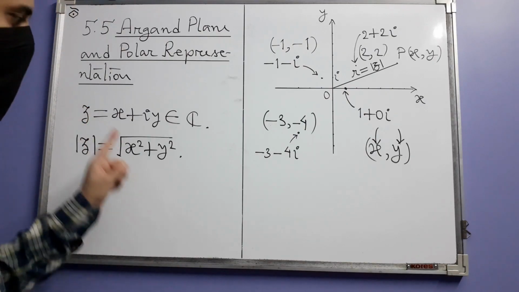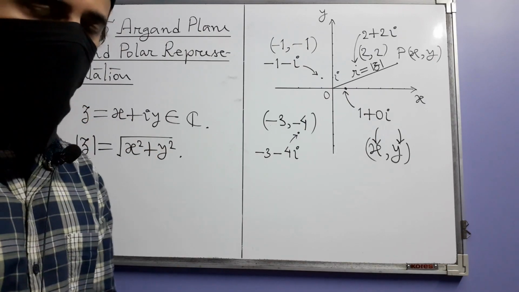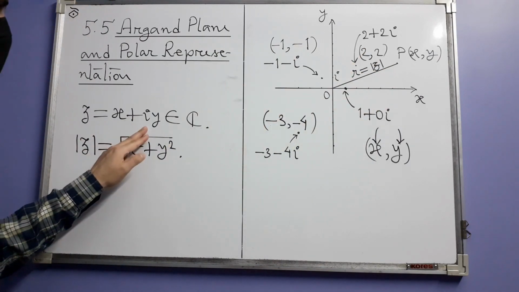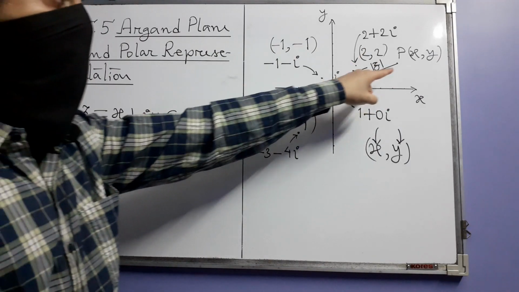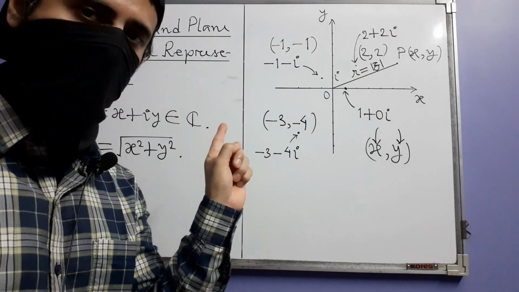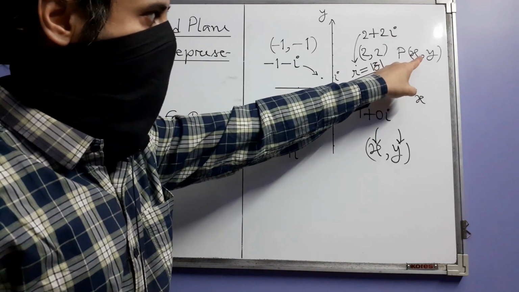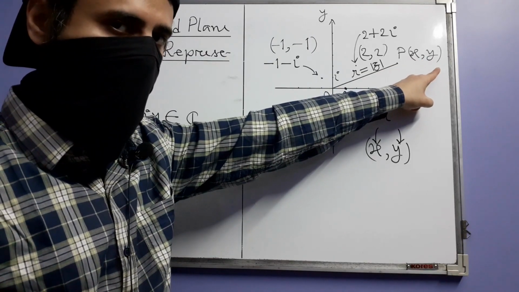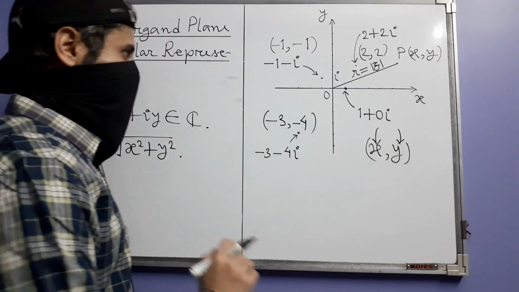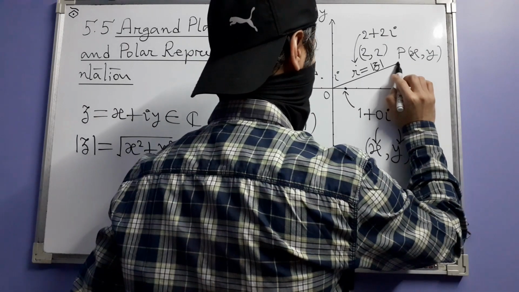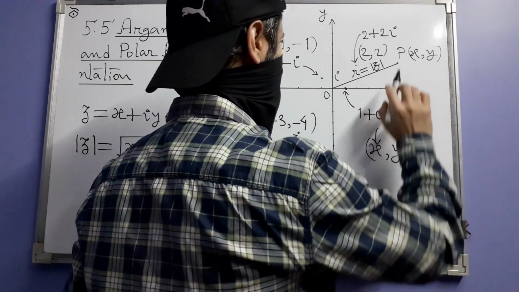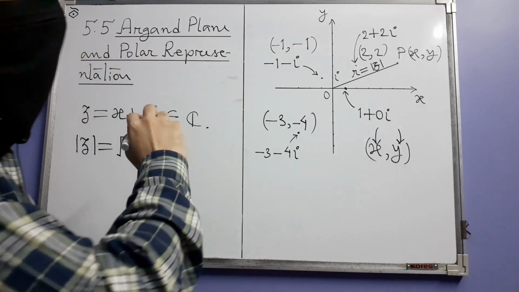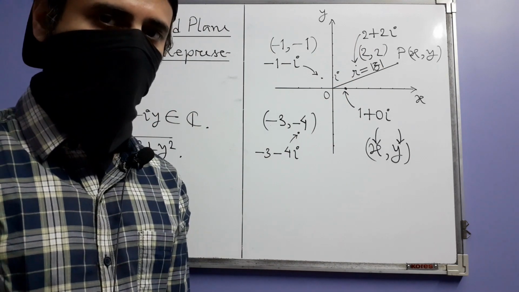Now let us look at it from another point of view. Say the complex number is x plus iy, then the point which will represent this complex number geometrically will have its x coordinate x and y coordinate y. Say that point is this point P. We join that point with the origin of our coordinate system by a straight line segment.